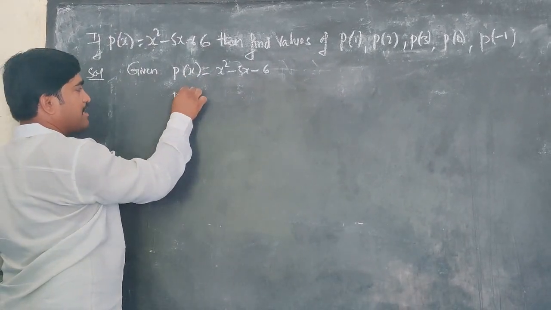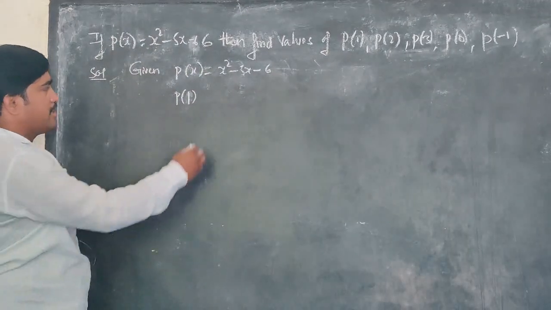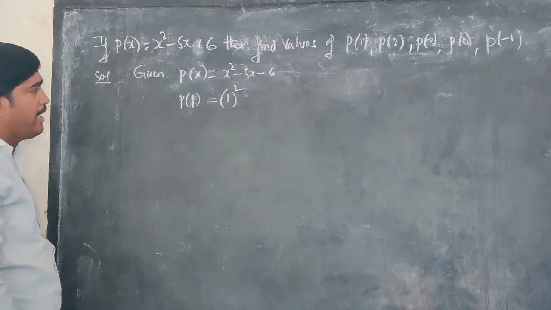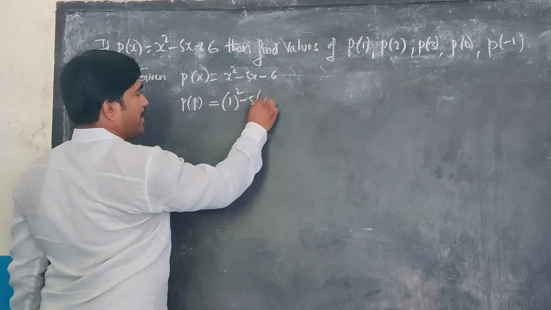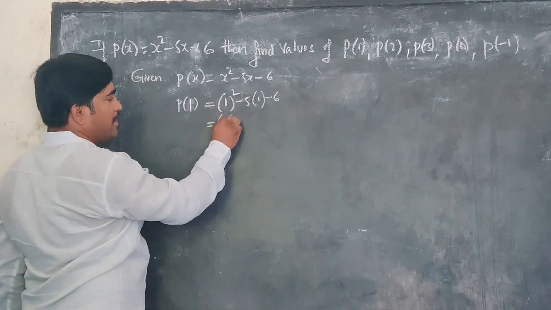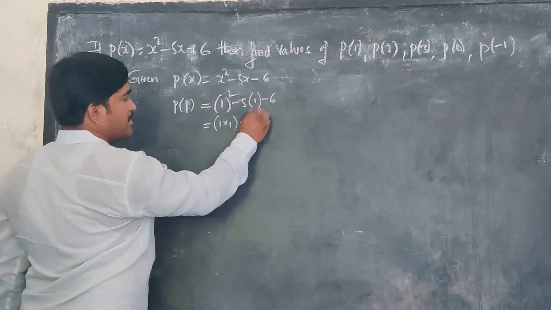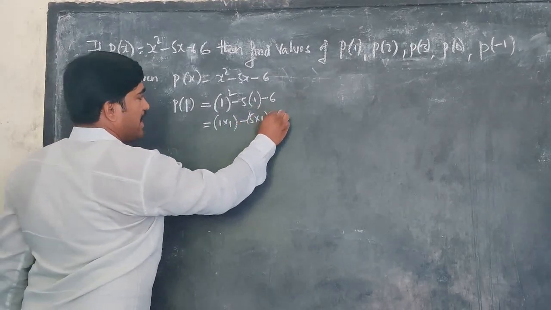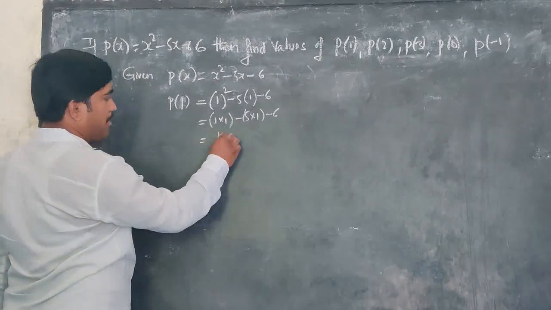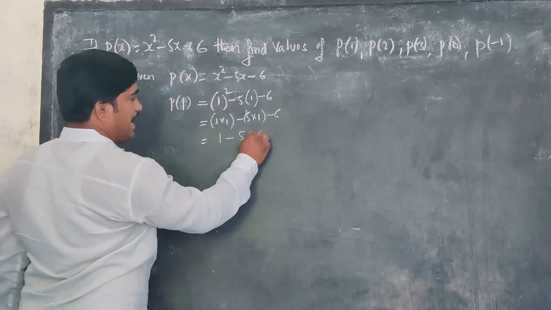So in the place of x I will substitute 1. Wherever x is there, replace it by 1. Now 1 square is 1 into 1, minus 5 into 1, minus 6. Now 1 into 1 is 1 always, minus 5 as well as minus 6.